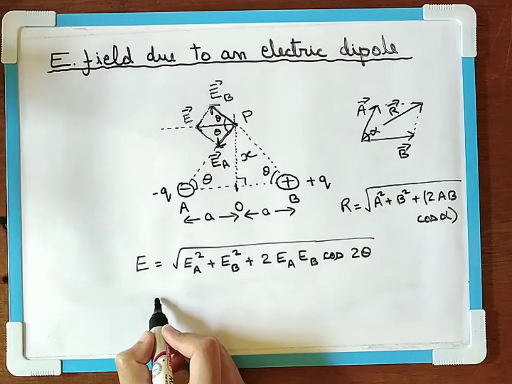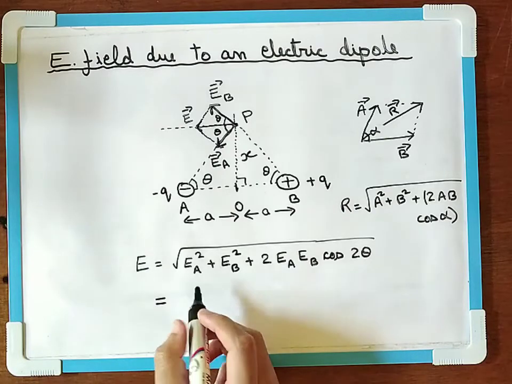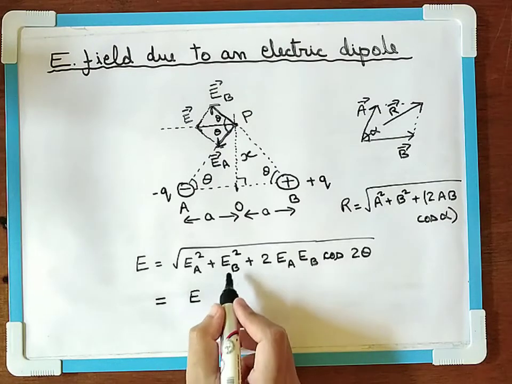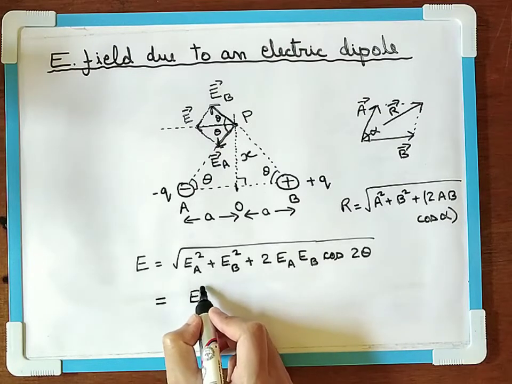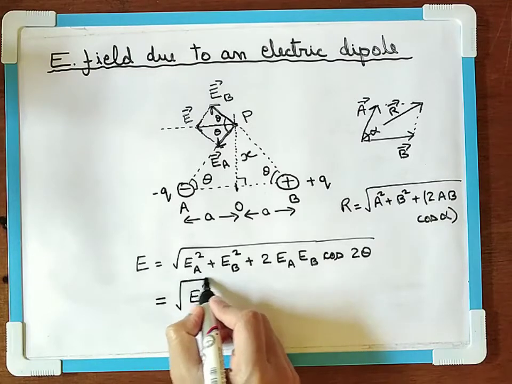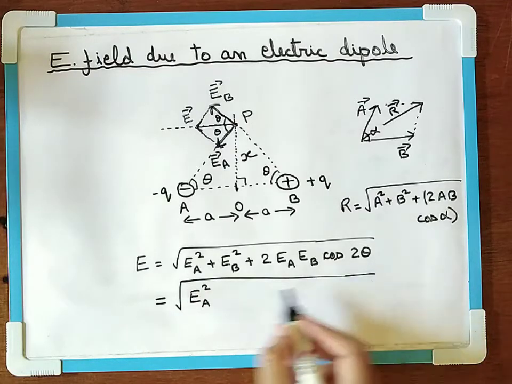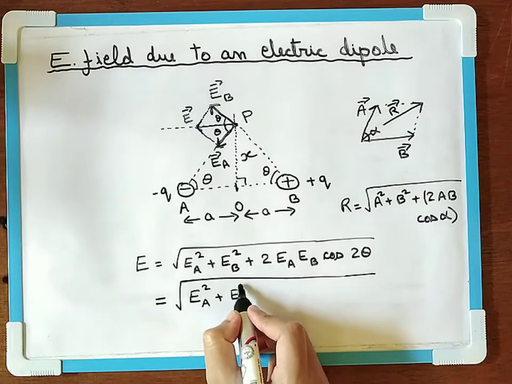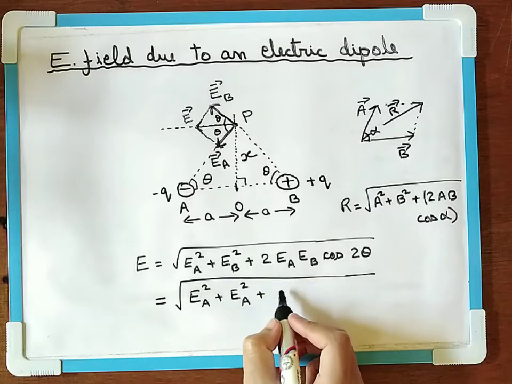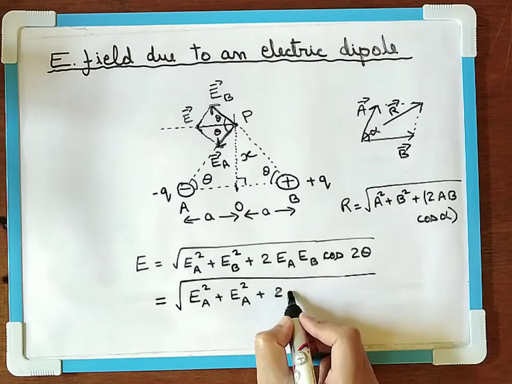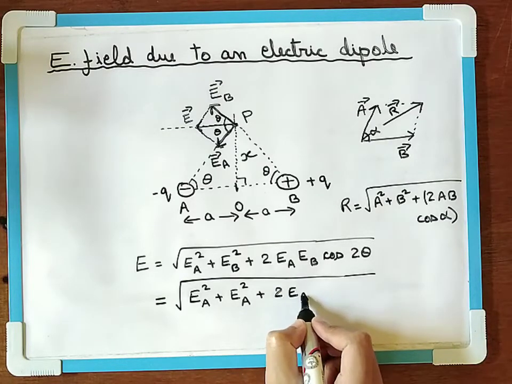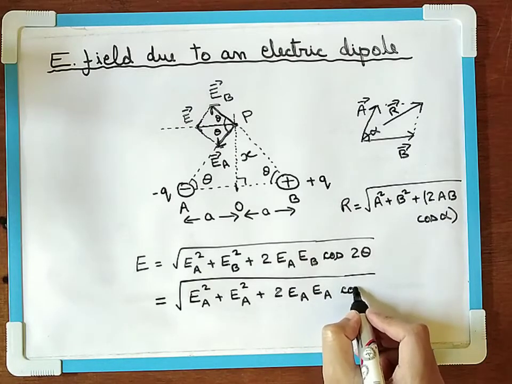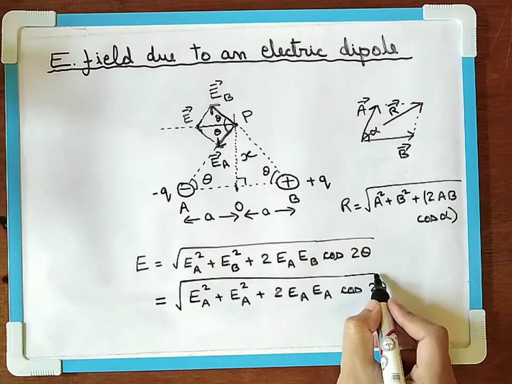So here, instead of EB, I can write EA. So first we have square root of EA square plus, instead of EB, EA square, then plus 2 EA, instead of EB, I'll write EA, then cos 2 theta.